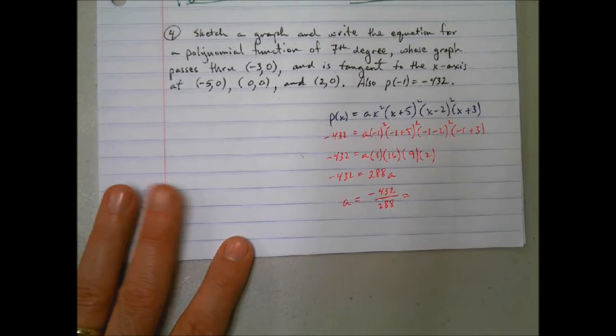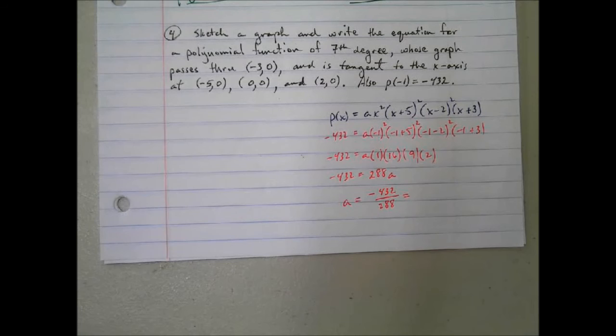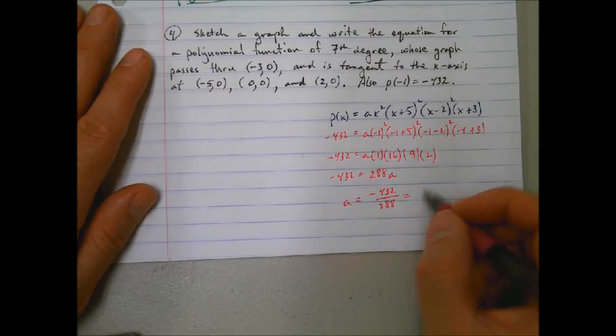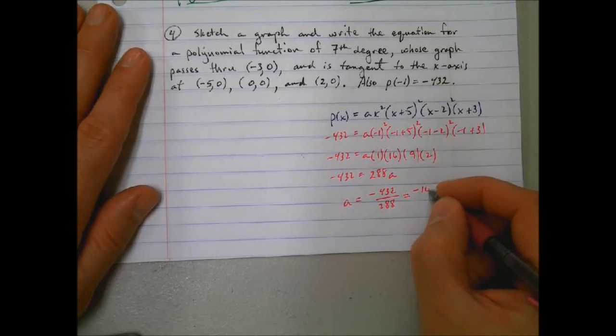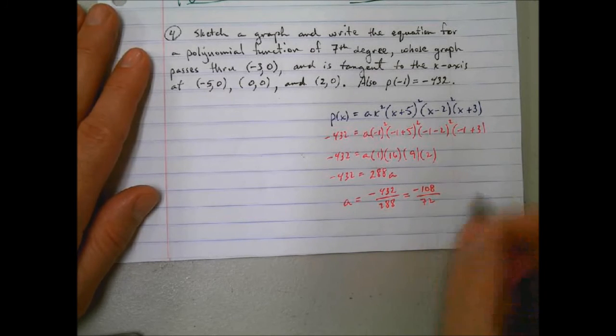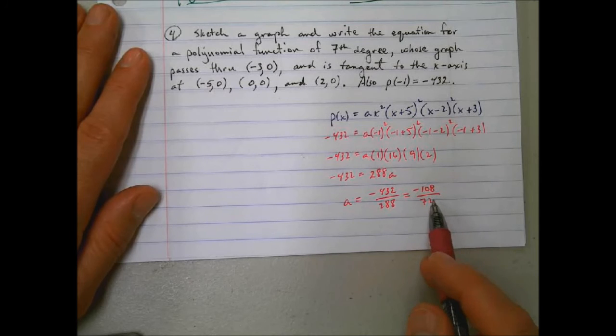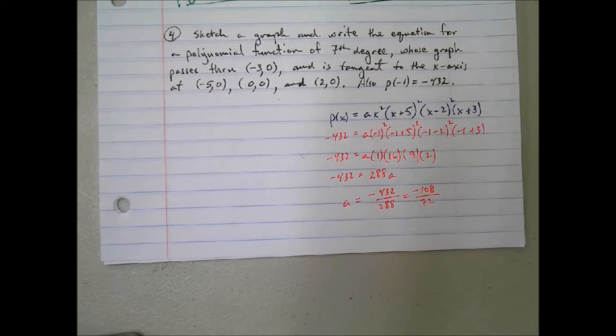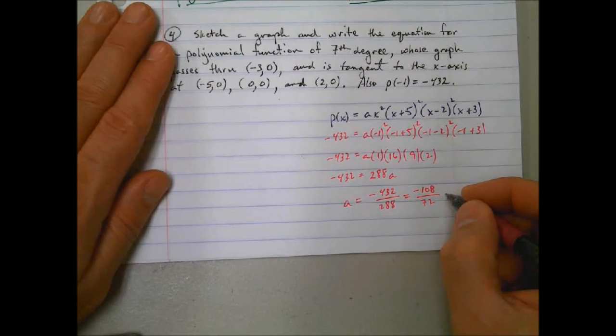And so if we reduce, like I say, a little calculator is very helpful here. So 4 goes into 432, 108 times. 4 goes into 288, 72 times. They're both still even. 4 goes into 108, 27 times.